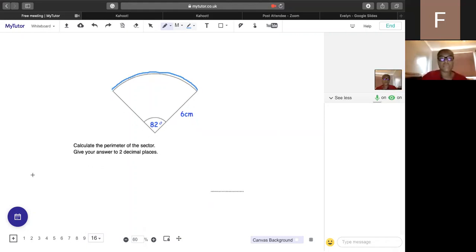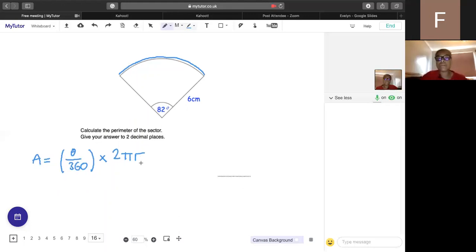Remember, to do this, we need to take the angle, divide it by 360, and then multiply it by the circumference of the entire circle, which is 2 times pi times r. So all we want to do now is put these numbers into our formula.